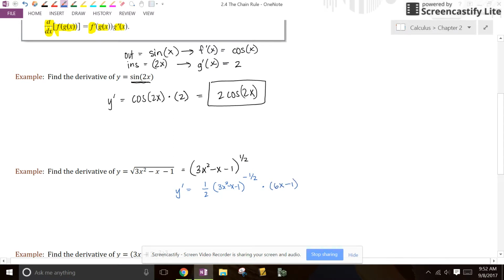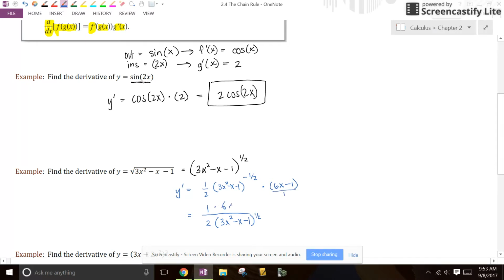Now, how are we going to clean this up? I see a 1 on top and a 2 on the bottom. This whole negative power thing has to move to the bottom. So this is 3x squared minus x minus 1, square rooted, or to the half power. And then it's times this 6x minus 1, which is in the numerator because it's over 1.